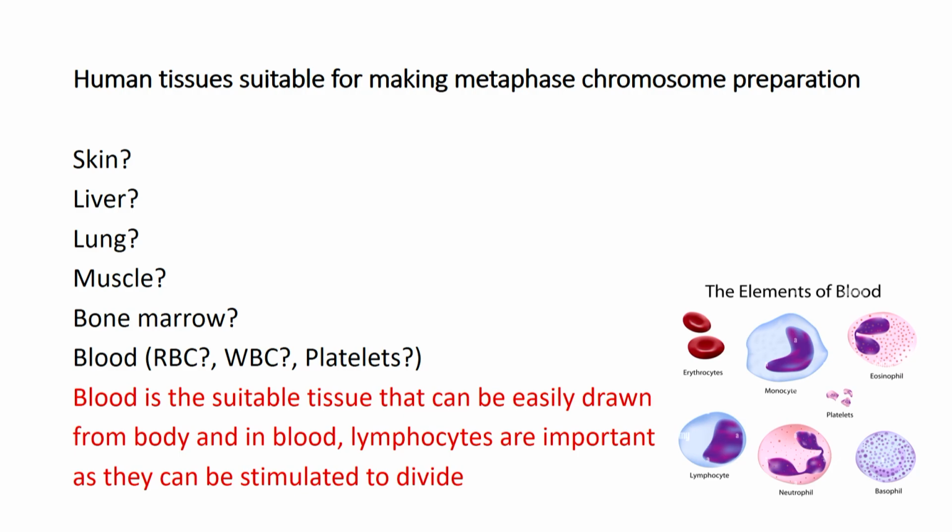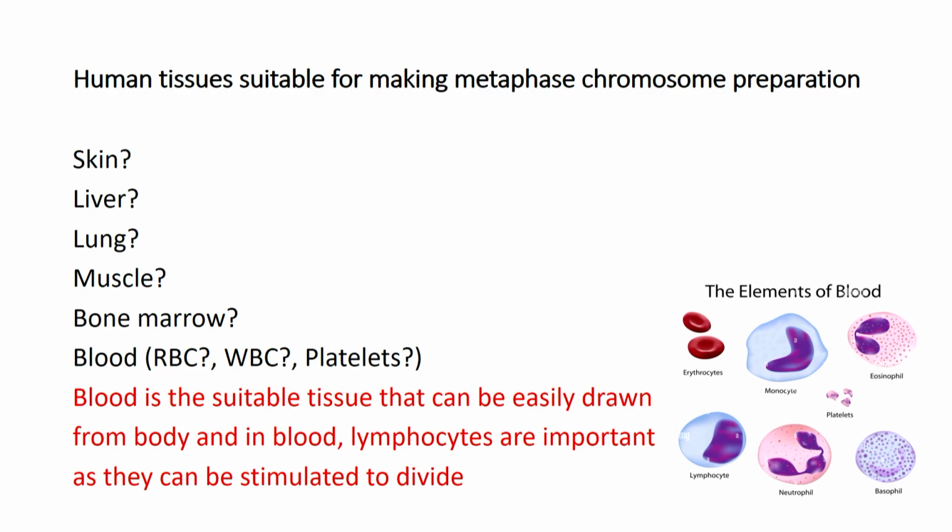Answer is no. Can we take bone marrow, which is very good tissue for cell division studies? We cannot take, because these are invasive techniques where one has to remove a piece of tissue, and that is neither ethically correct nor one is allowed to do that.